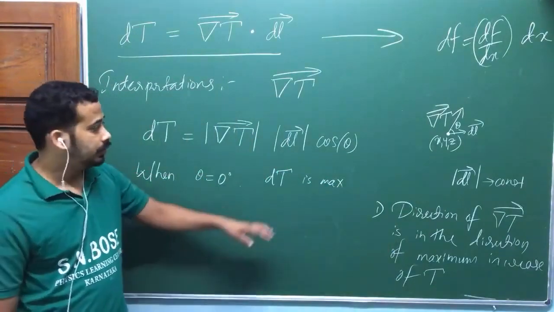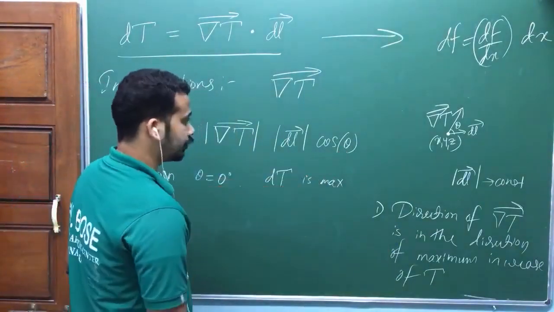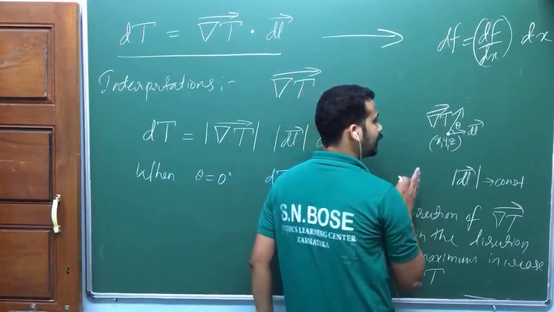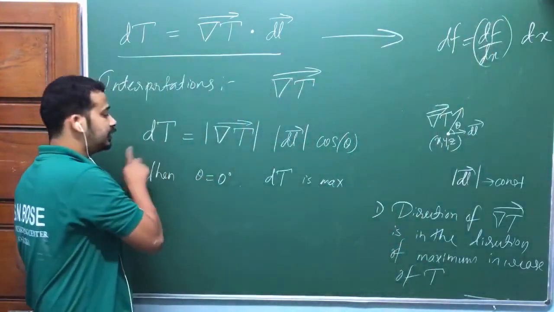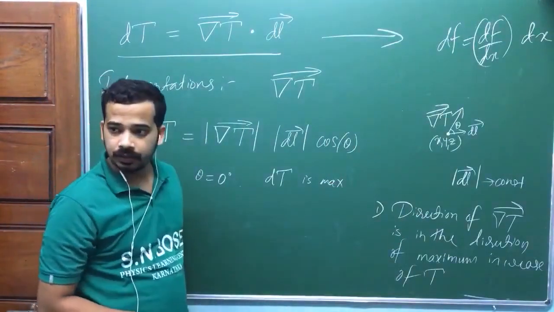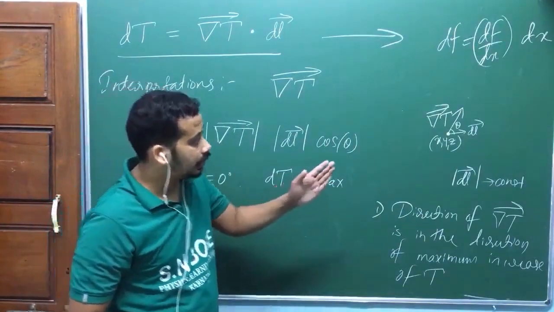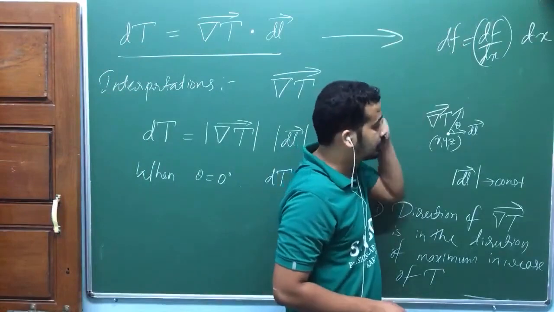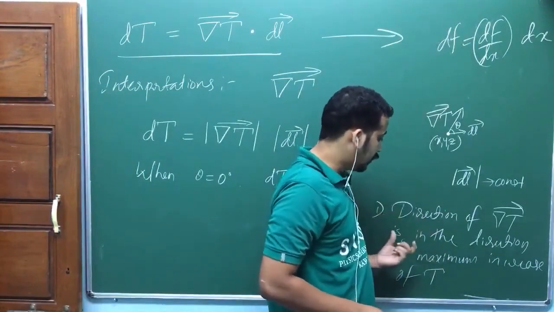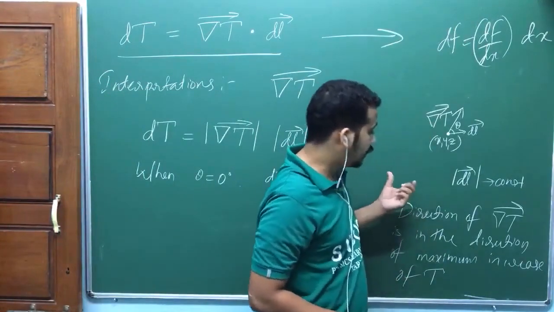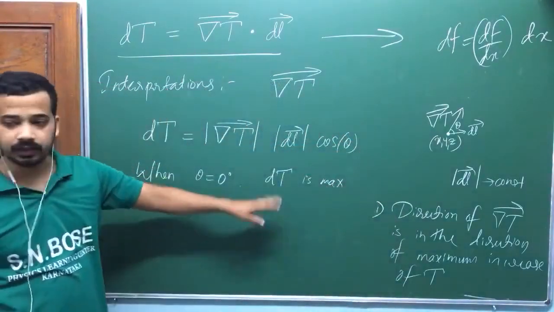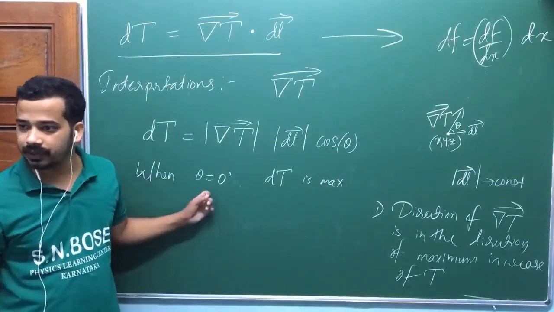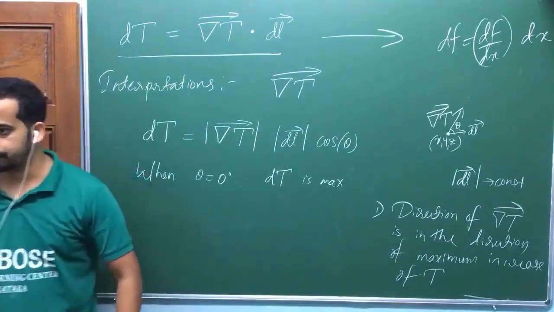If I make theta equal to 0, I am displacing along the gradient direction. In that case, the change in T happens to be maximum, am I right? So that's how I got the idea of what the direction of this gradient is: the direction of the gradient is in the direction of maximum increase of T. That's the first idea that I can get here.